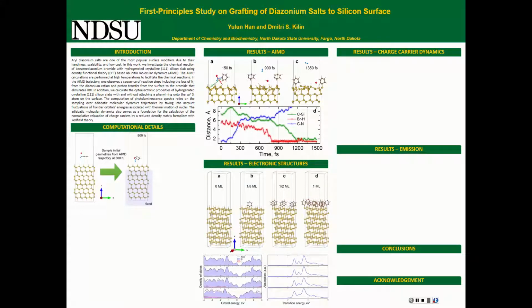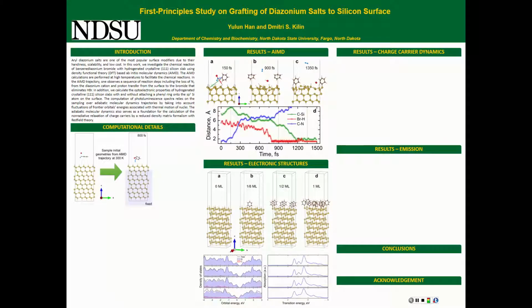So in this study, we want to address two problems. The first one, we want to figure out how this kind of surface functionalization reaction happens. The second is we want to figure out what kind of changes this functionalization will introduce to the system.